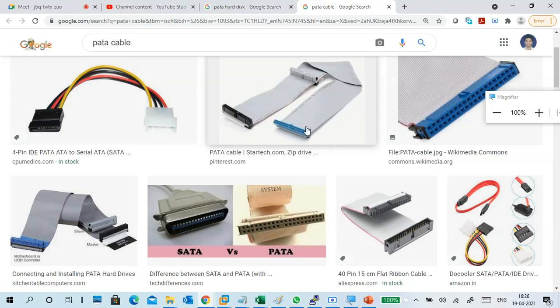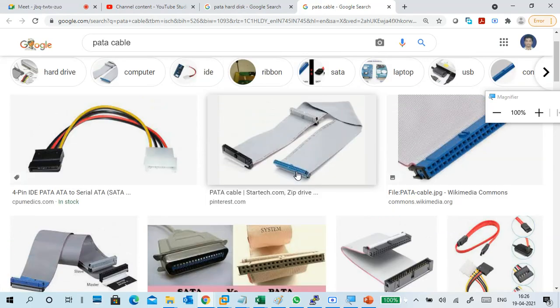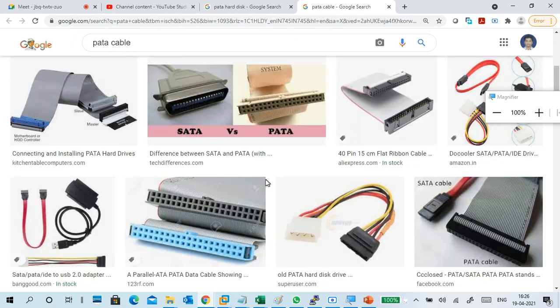Remember, guys, this blue color goes to the motherboard connection, and these two are the two disk drives. Two disk drives will connect. This black one is one disk, this is another disk. Disk drive means hard disk; a CD-ROM also comes here.